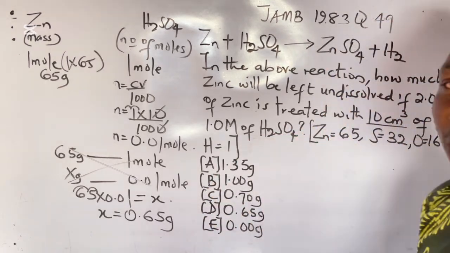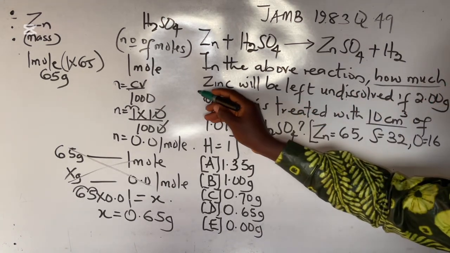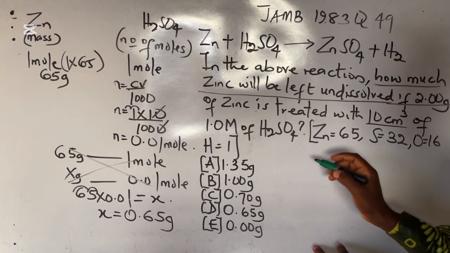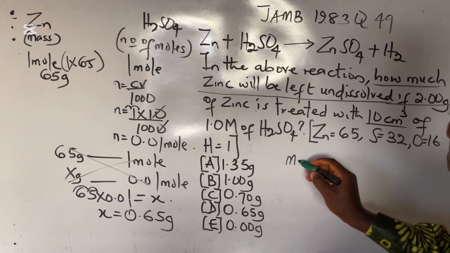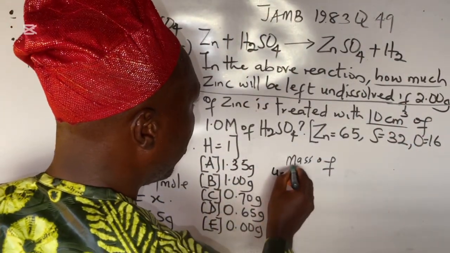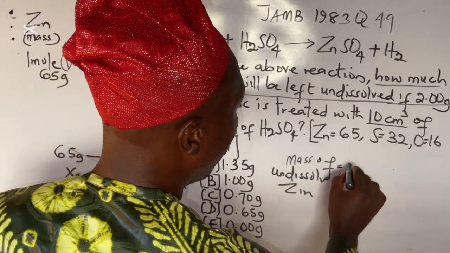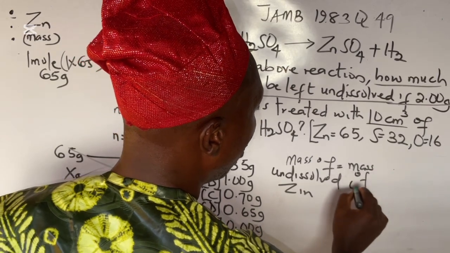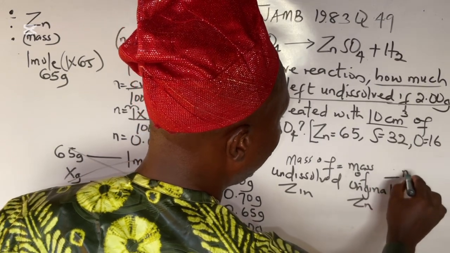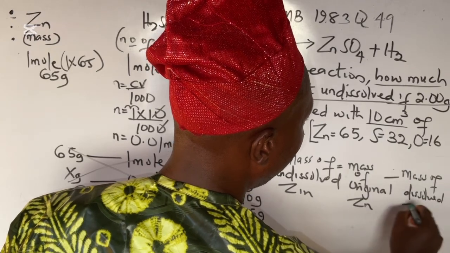But the question is telling us that how much zinc will be left undissolved if 2.00 grams. So we need to know that mass of undissolved zinc equals mass of original zinc minus mass of dissolved zinc.